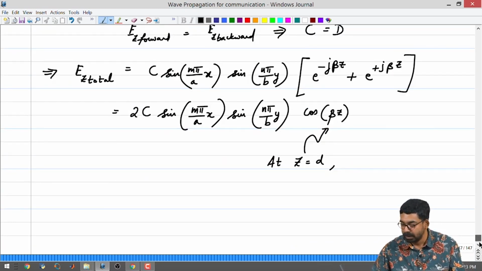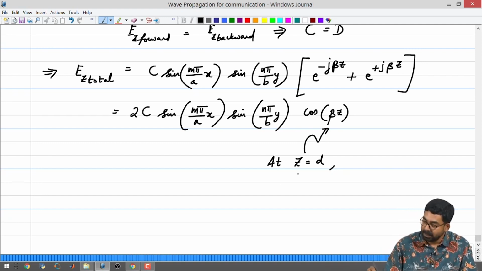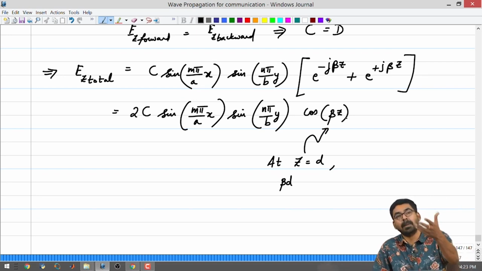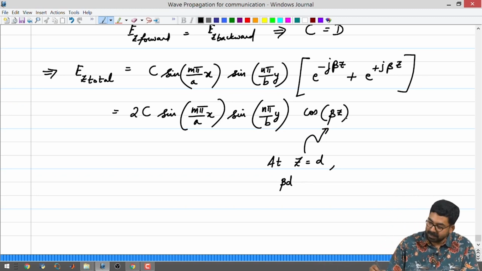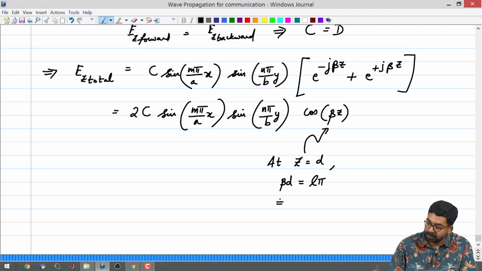So, here that gives us some idea: the cosine will reach its maximum. At z equal to d, the argument of the cosine will look like beta d, and for the cosine to be maximum, its value has to be equal to 1, and this means that you will have some L times pi. Here we are not worried about the sign so much. So, beta d is equal to L pi, which means that I can write down beta to be L pi divided by d.